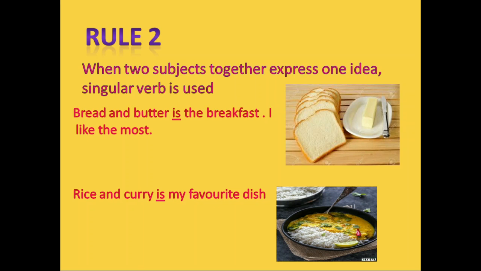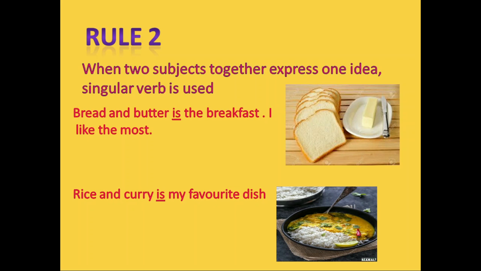Now, next rule is when two subjects together express one idea, singular verb is used. Bread and butter is the breakfast I like the most. Here, bread and butter is a combination which we consider as one thing. So, we use is here which is a singular verb.